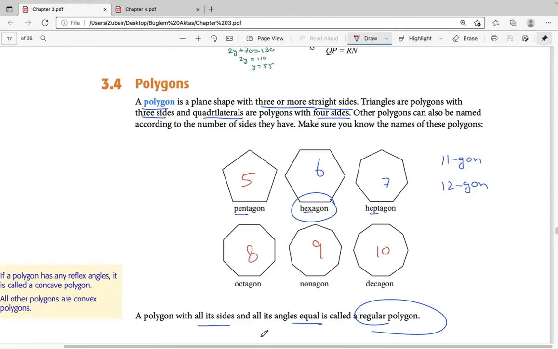Few names are pretty obvious, like octa, as in octopus: 8 sides, 8 legs. Nona rhymes with 9. Deca is 10, and hexa and hepta are a little different.